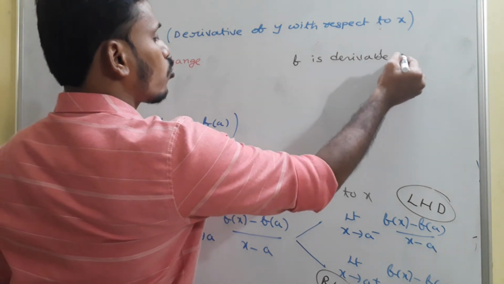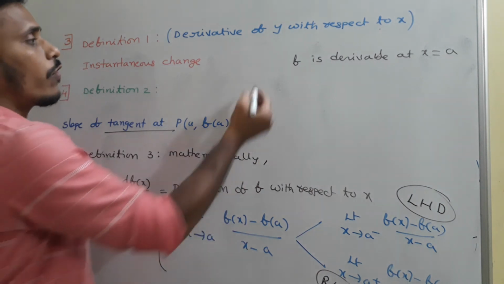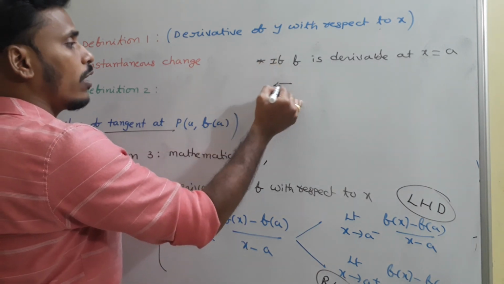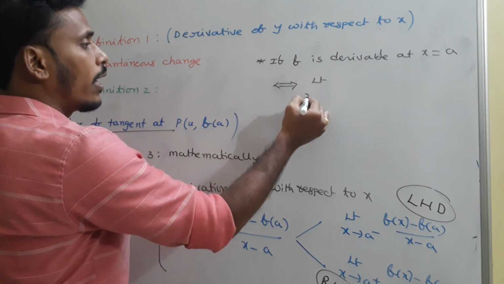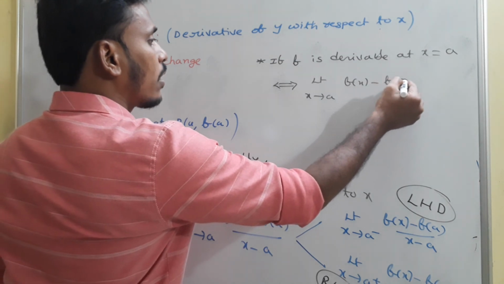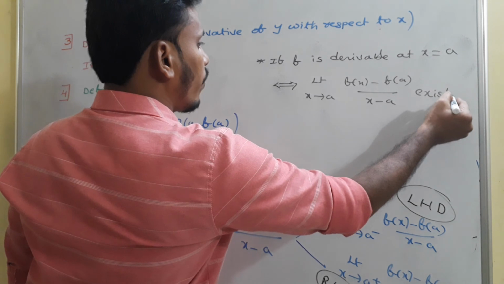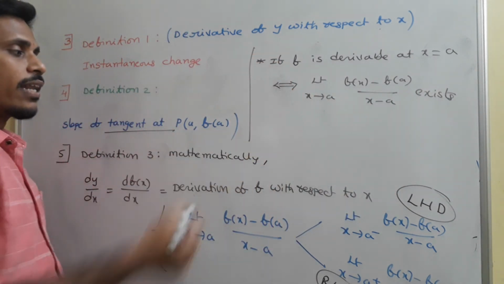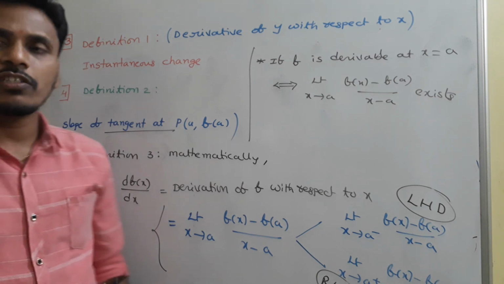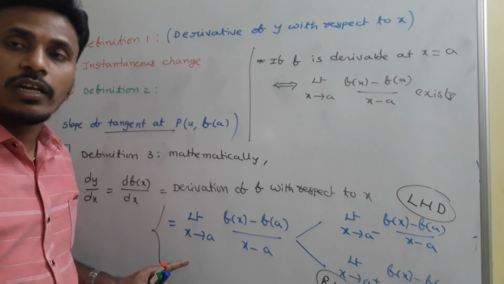Suppose f is derivable at x equals a. If anybody asks you to conclude whether f is derivable at x equals a or not, you need to remember that f is derivable at x equals a if and only if limit x tends to a of f of x minus f of a divided by x minus a exists. If it exists, then we conclude that f is derivable. The mathematical definition 3 is simply calculating this particular limit as x tends to a.